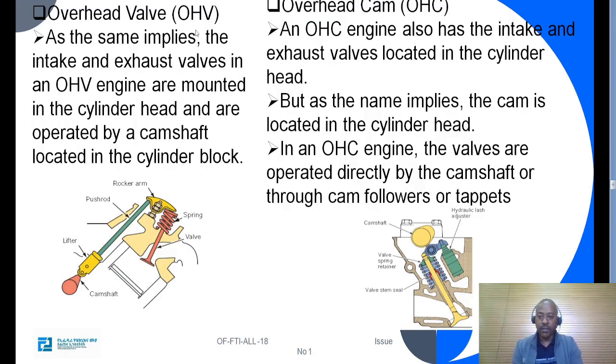The overhead valve engine valves are mounted in the cylinder head and are operated by a camshaft located in the cylinder block. This is the overhead valve design. So the valves are located above the piston, and also above the camshaft.